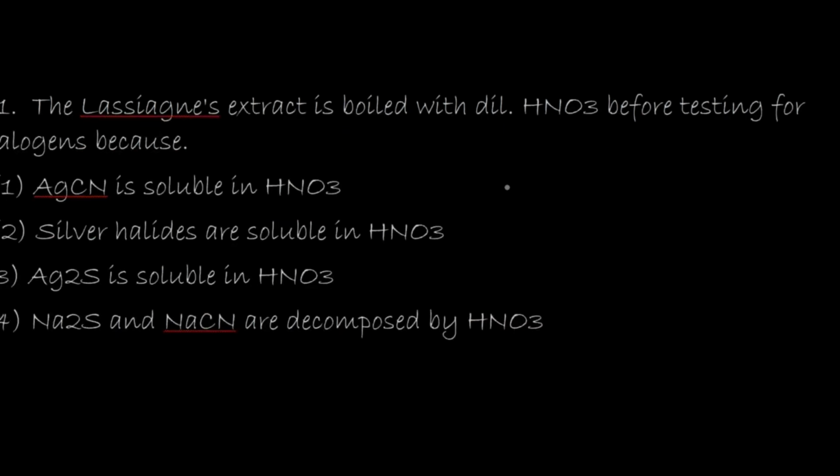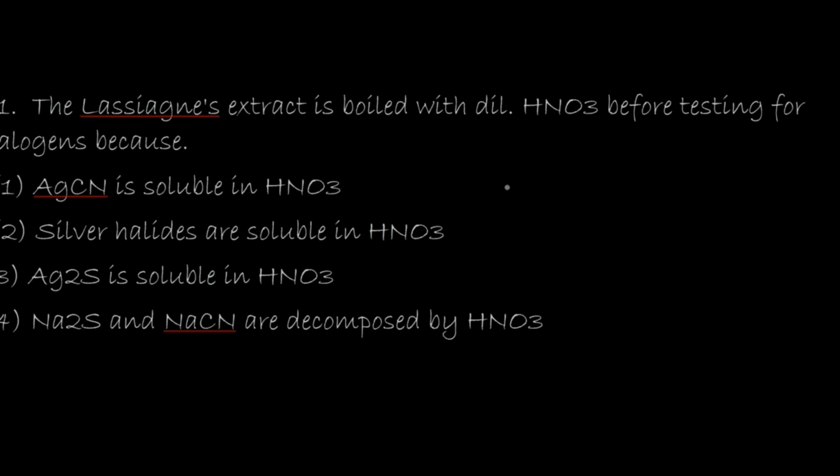Then, the Lassaigne's extract is boiled with dilute nitric acid before testing for halogens. Why is it so? First of all, what is this extract? It is a mixture containing sodium cyanide and sodium sulfide, Na2S and NaCN.